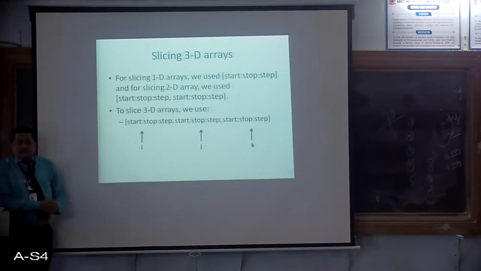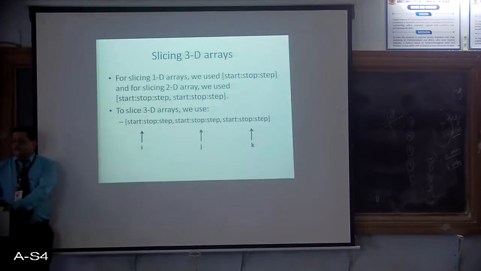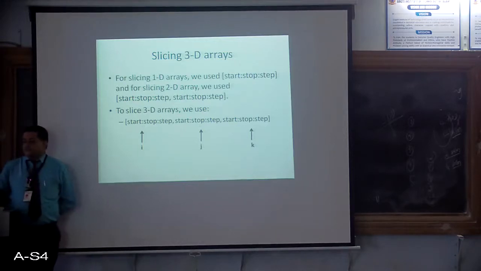How do we slice? In the previous session we saw how we slice a one-dimensional array and two-dimensional array. How do we slice a three-dimensional array? For slicing a one-dimensional array, we used start, stop, step. For slicing a two-dimensional array, we used start, stop, step, comma, start, stop, step. This is for the first dimension, and this is for the second dimension.